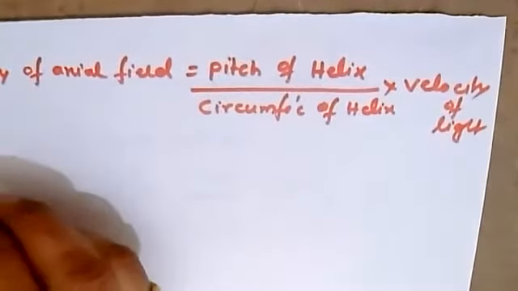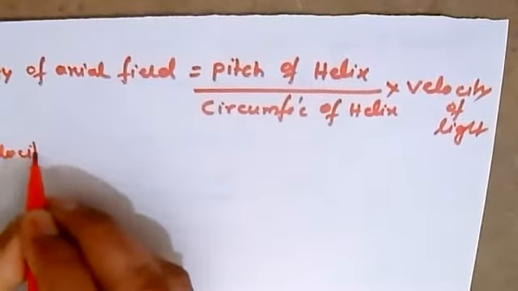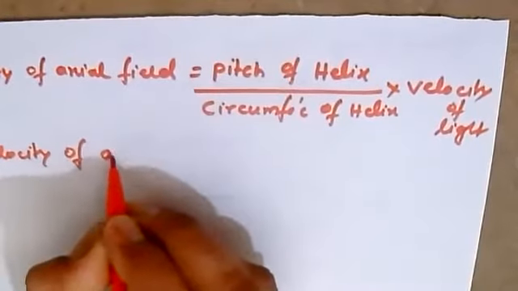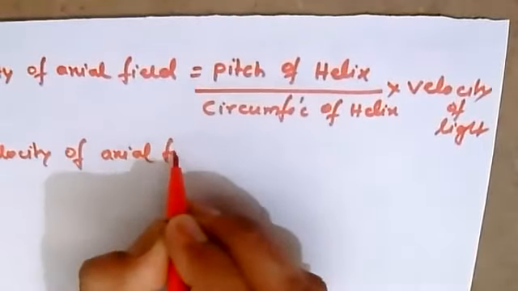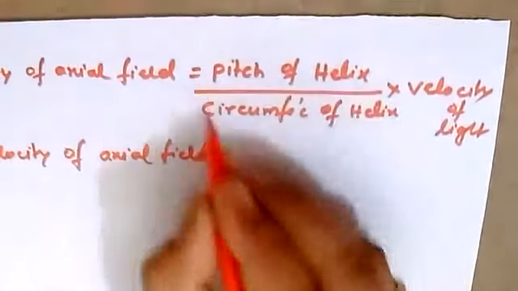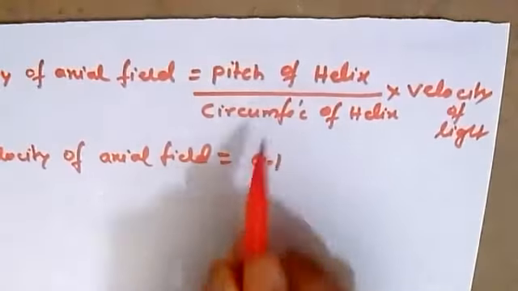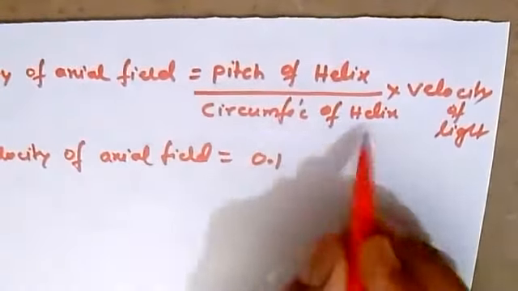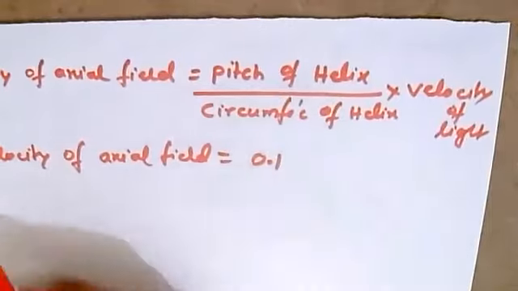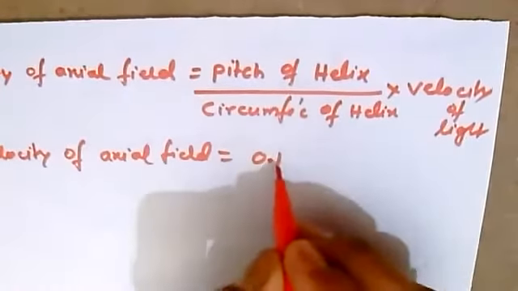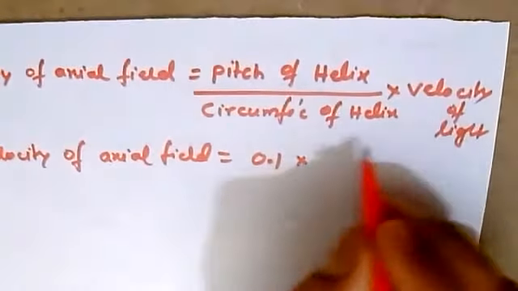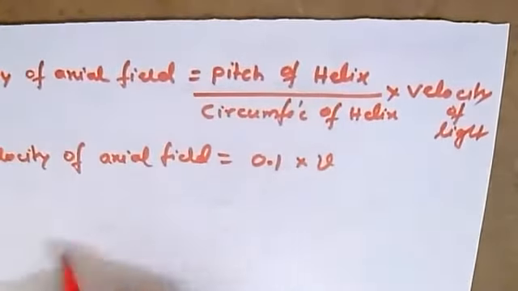Normally, the velocity of the axial field is almost equal to 0.1 times the velocity of light, since the ratio of the pitch of the helix to the circumference is almost 0.1.